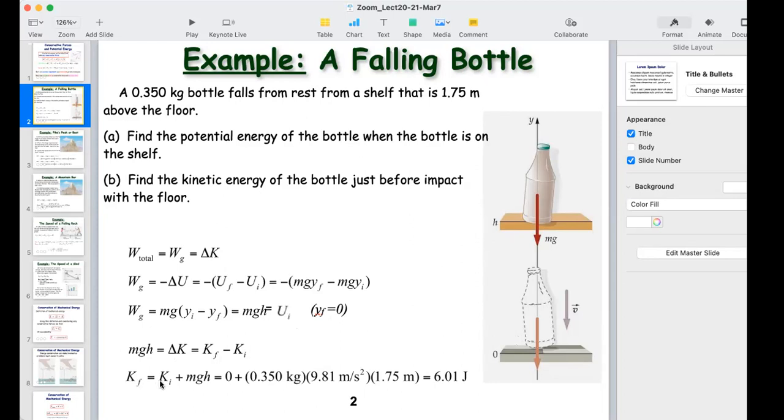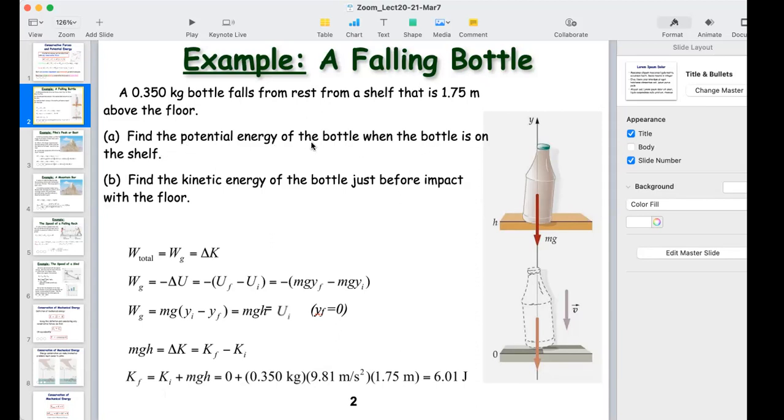So K final is equal to K initial plus mgh, which is equal to 0, because K initial is 0, plus 0.350 kilograms times g, 9.81 meters per second squared, times 1.75 meters, which comes to 6 joules.